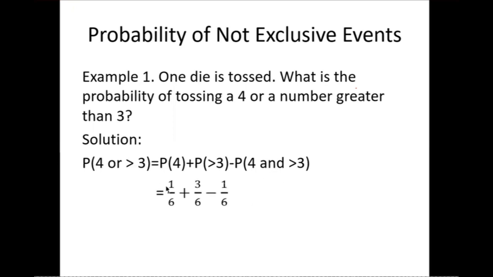So for the probability of 4, we have 1 out of 6 plus probability of greater than 3 is 3 out of 6 kasi meron tayong 4, 5, 6. Then minus, merong isa doon na parehas sila, merong parehas, greater than 3, yun yung 4, o kaya merong 1 out of 6. So therefore, 1 plus 3 minus 1, and that is 3 over 6 or 1 half. Okay, and that's it.